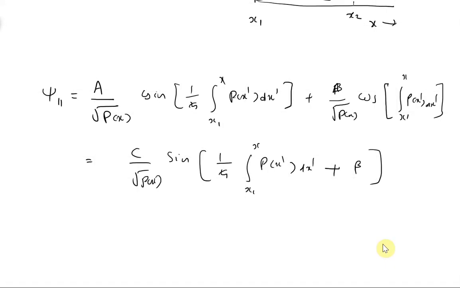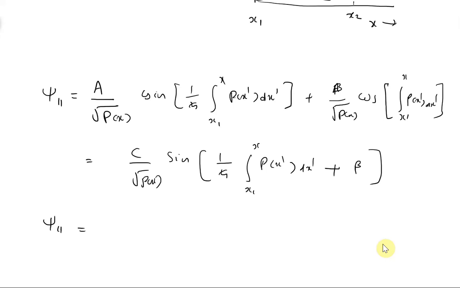Now psi 2 I also will be getting in the form. So this is something that, by using the connection formula, we will be having some constant. What should I take the constant?